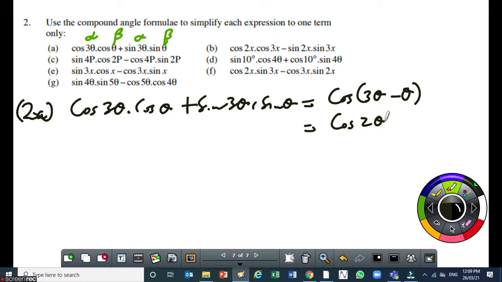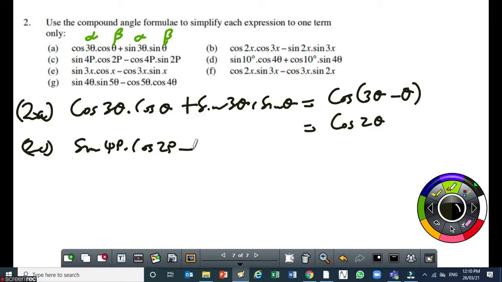Right? Let's carry on and do another one for sine, like say 2c. You've got sine 4p times cos 2p minus cos 4p times sine 2p. Now I want you to be aware that this can be simplified further, but that's another topic, double angles.